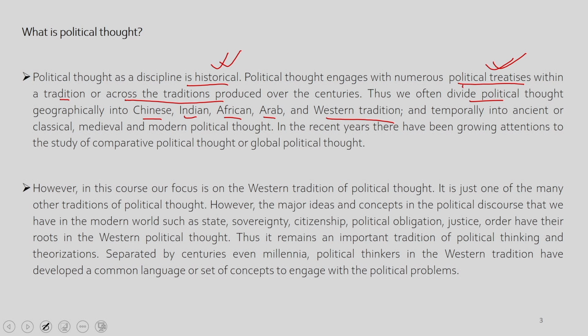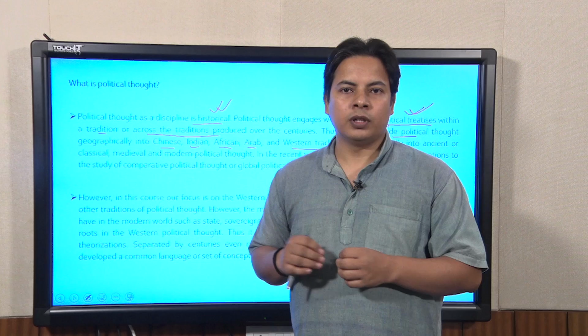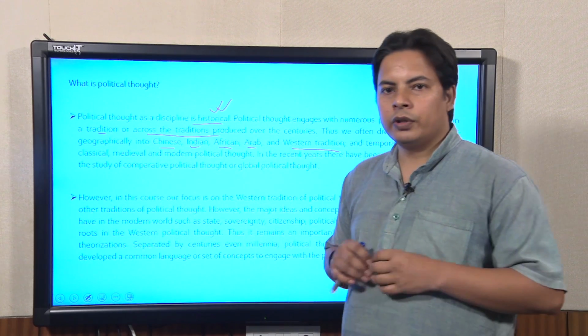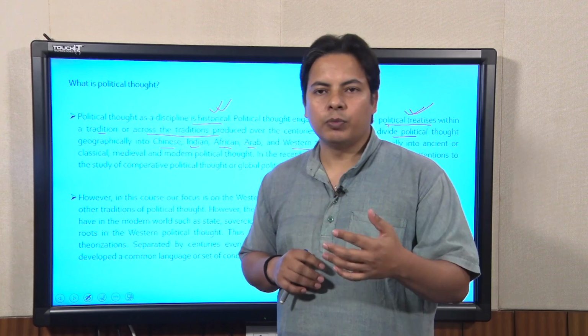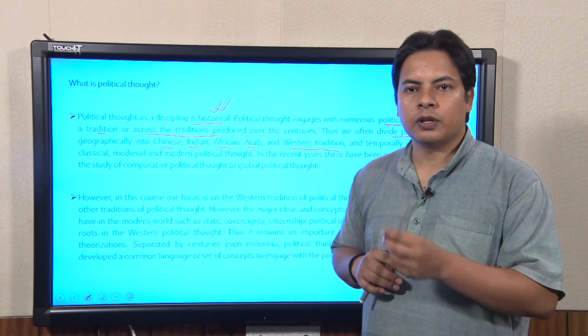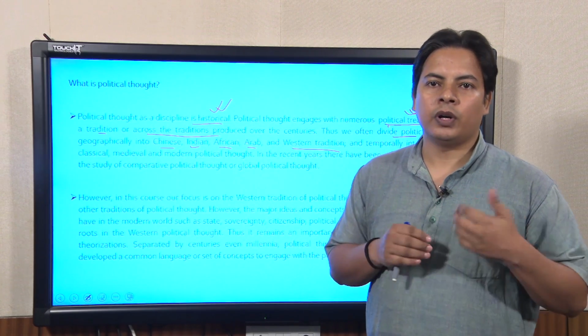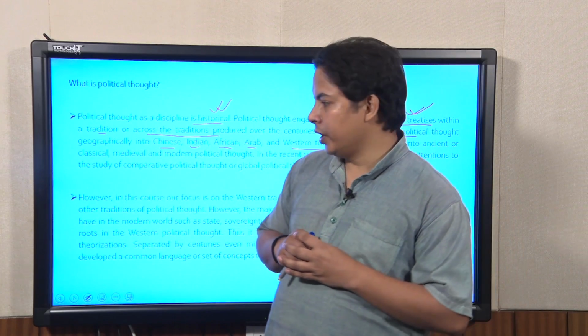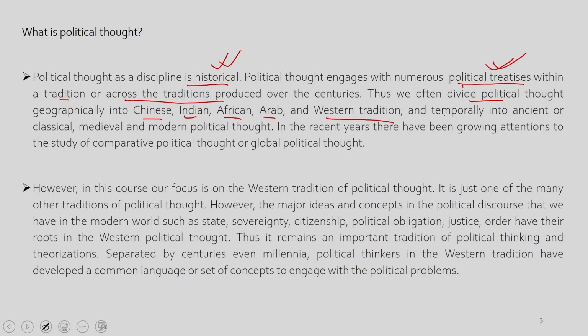So, within tradition there are many, so to speak, traditions, but for the purpose of understanding we divide political thought geographically in terms of Chinese, Arab, African and Western tradition of political thought, and also temporally into ancient or classic tradition of political thought, medieval and modern political thought.